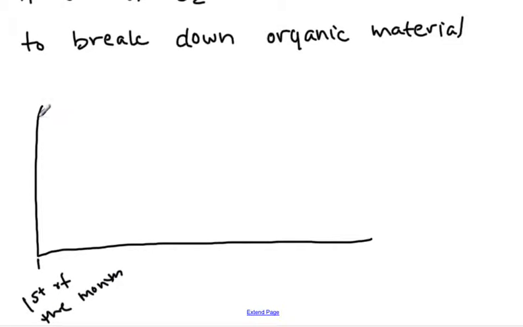The demand on my money at the first of the month starts off, I get rent, and then I have to pay my electric bill, and then I have to pay my credit card bill. So there's a high demand for the amount of money I have. But near the end of the month, I don't have as many bills because most of my bills come at the same time, and the demand gets lower.